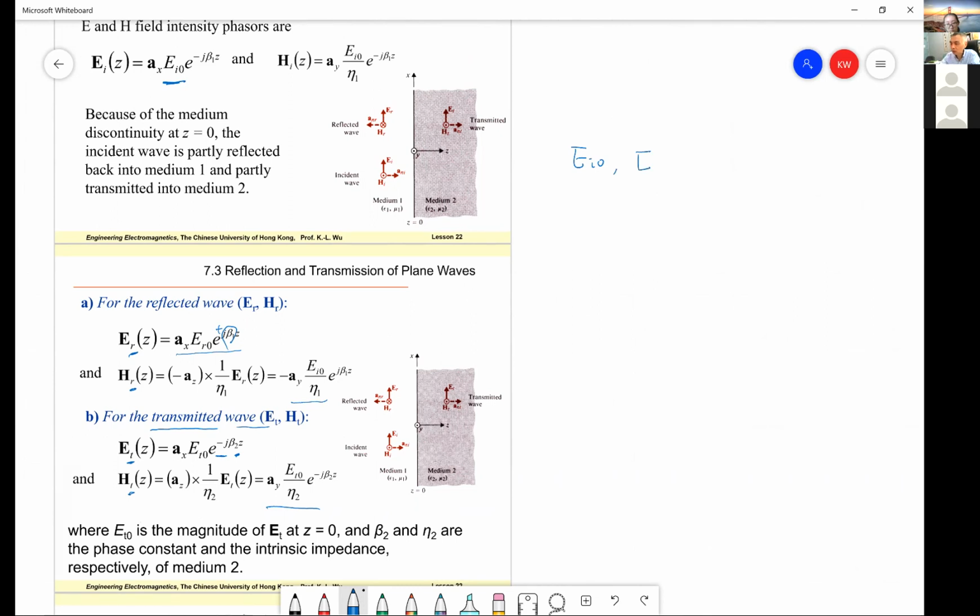We also have the reflected wave magnitude, and the magnitude of the wave penetrating into medium 2. We need to find a relation between them. These are unknowns.